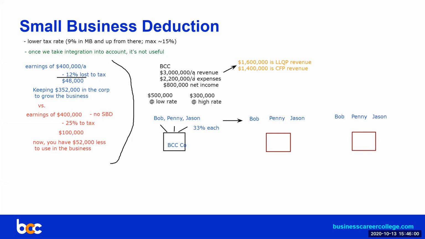So I'm going to set up two different corporations. I always find the butterfly freeze a funny thing, but it's a real transaction. And I'm going to set up two different corps.